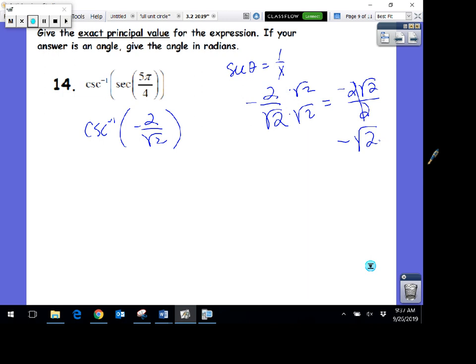But now that it's an inverse cosecant, I'm going to make that an inverse sine and make that negative root 2 over 2. Because our restrictions are the same, we can be in 1 or 4. We're either looking for where is 1 over y equal to negative root 2 over 2, or where is y equal to negative root 2 over 2.